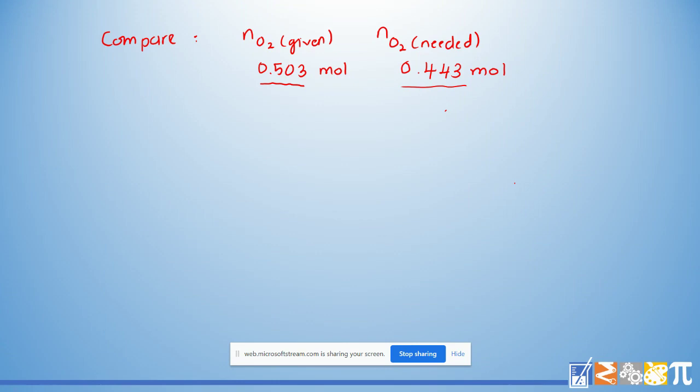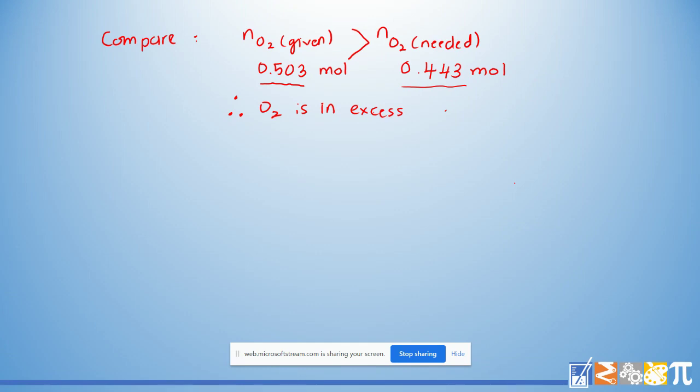That means you have 6 ringgit in balance. So the money is in excess. So given value is more than the value needed. Therefore, we can conclude that oxygen is in excess.